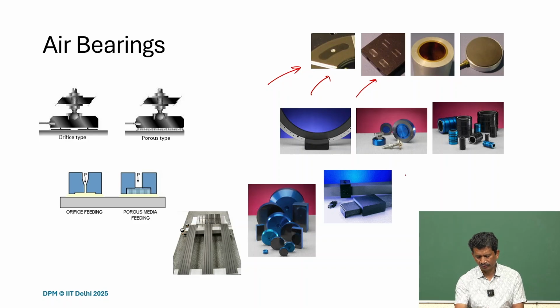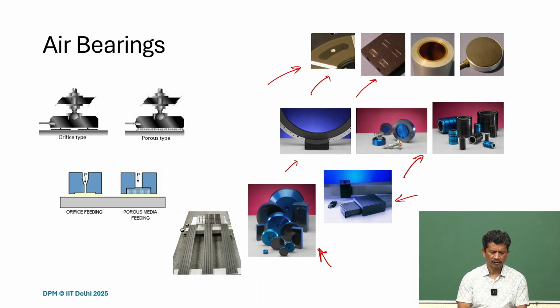The other class, as you can see here, is porous air bearings, and there is one company from the USA making these kinds of porous bearings, New Way Bearings. But I think there are a lot of companies now trying to develop this kind of porous air bearings.